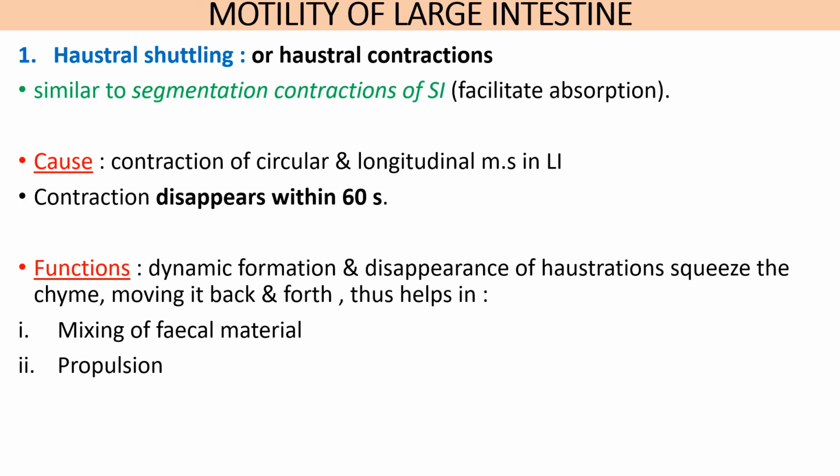The contraction of circular and longitudinal smooth muscles of the large intestine causes haustral contractions. These contractions last up to 60 seconds. The main functions of haustral contractions are mixing the fecal matter and propulsion of the fecal matter towards the anus.